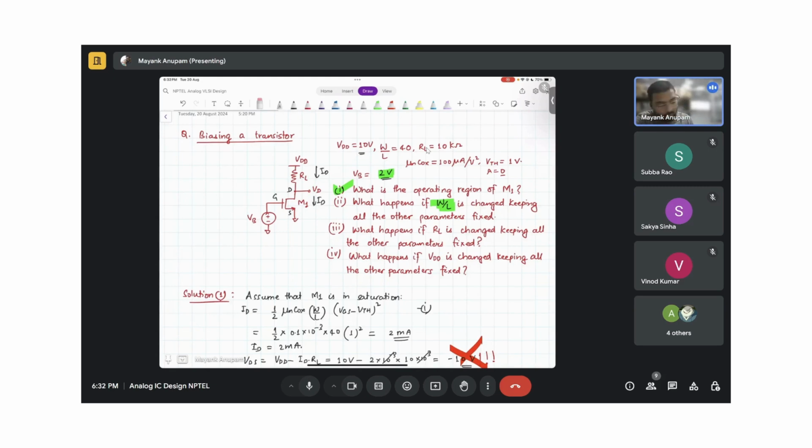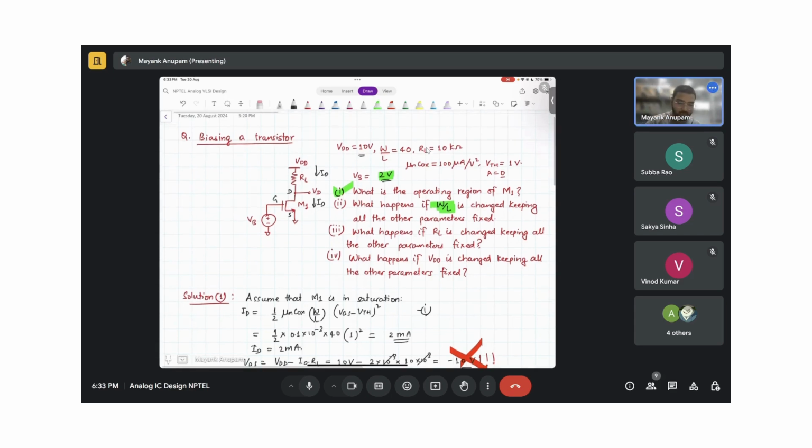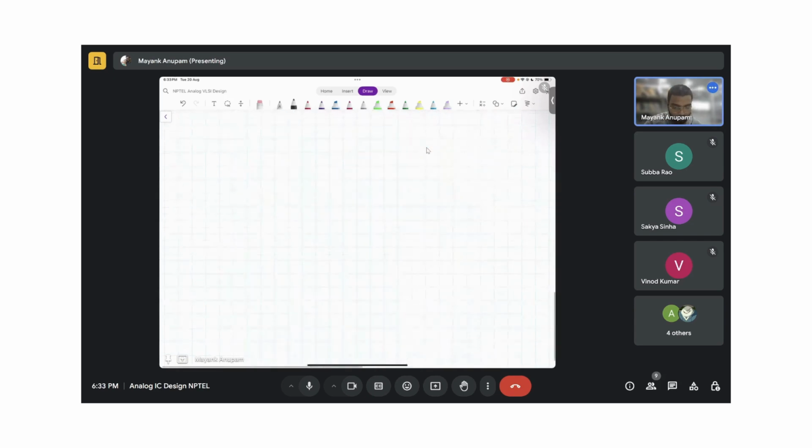VD will increase only when the voltage drop across this resistor RL decreases. Which means that the current has to reduce. That will happen only when we make sure that the W by L of the transistor is reduced, isn't it? Correct? So that is why we have to reduce W by L.